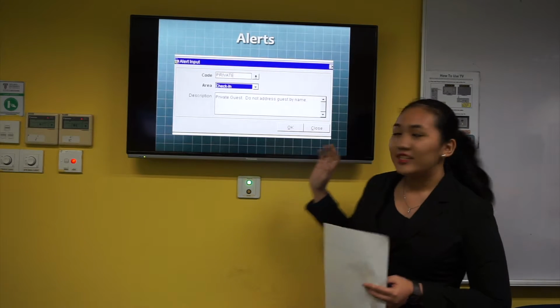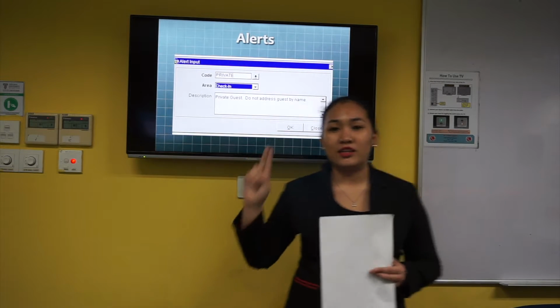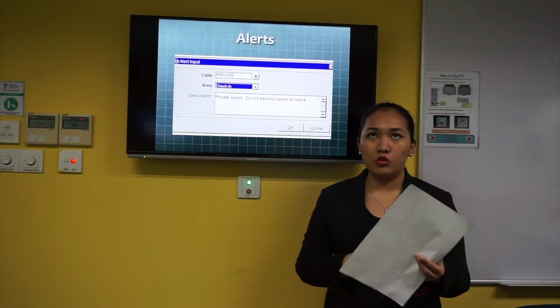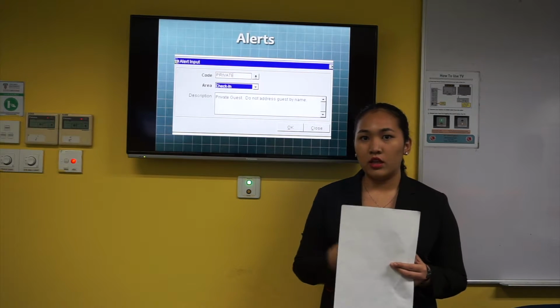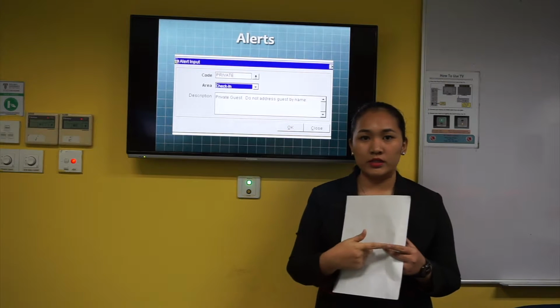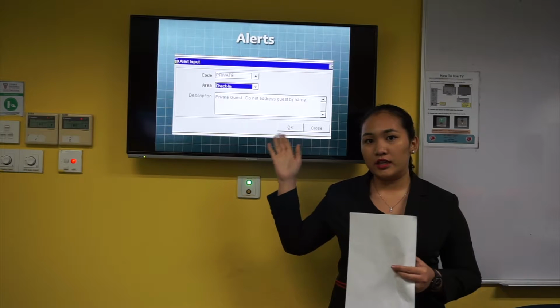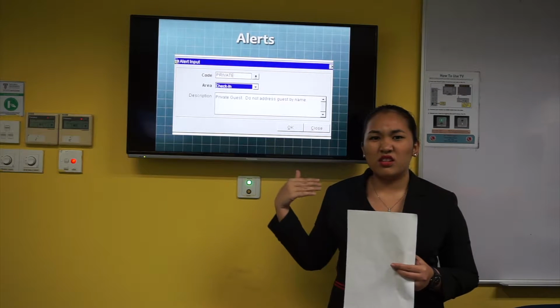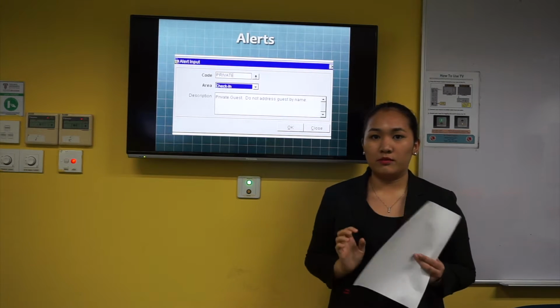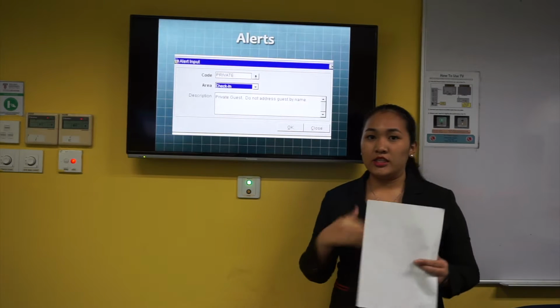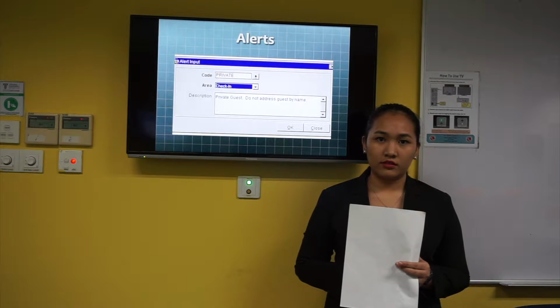In alerts there's a code, and there are a lot of things in the code. It will tell you about late checkout, or if the guest has no deposit, and here I'm using the private one. So it means the guest doesn't want people to know about them. Which area do you think it is, check-in or check-out? Check out.